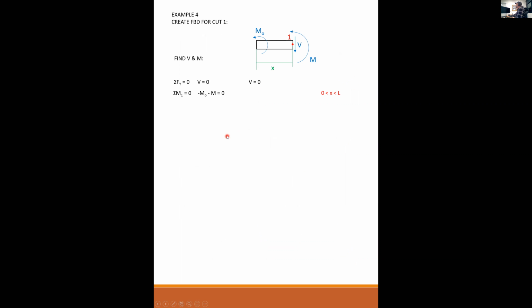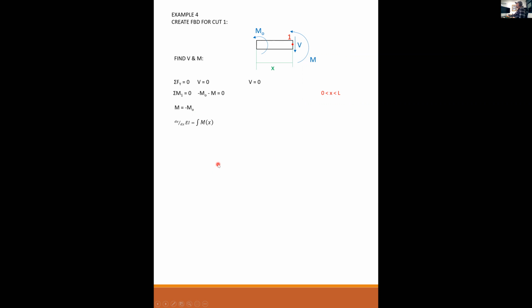Sum our moments, and what we find is that our moment here is equal to minus the applied moment, minus M naught. And this is valid between x equal to 0 and L. So everywhere along that span, the moment is the same. It's a constant, minus M naught.